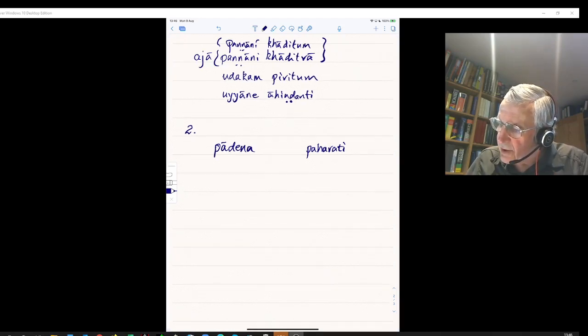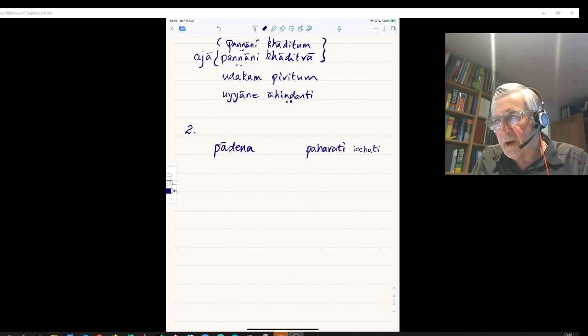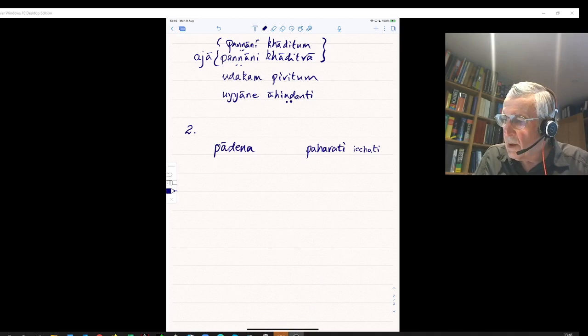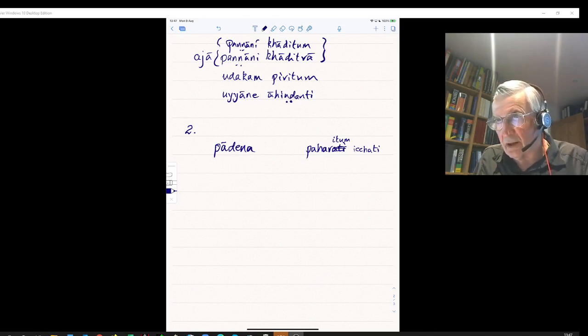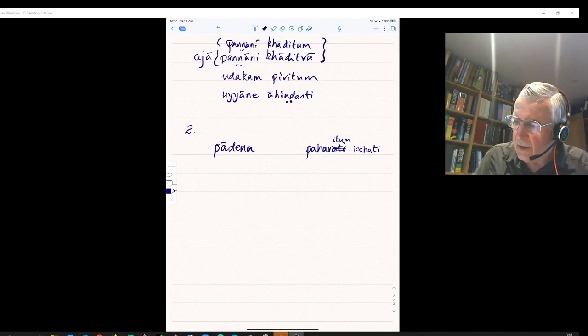So we then put icchati, he wants. So what happens to paharati? He wants to kick. So it ceases to be the ordinary present and becomes the infinitive. He wants to kick. Padena paharitum icchati. Who wants to kick? The man.